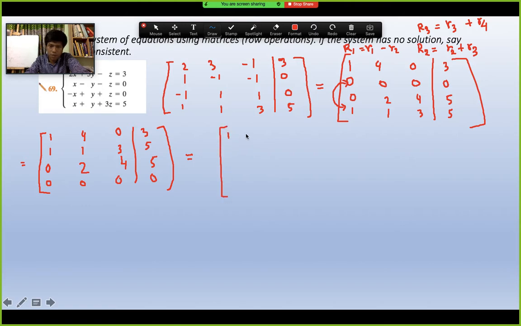For the first line we do not have to do anything, it looks already good. Now we need 0 here. We can make this number 0 in many ways. One way is to subtract this line minus this line.